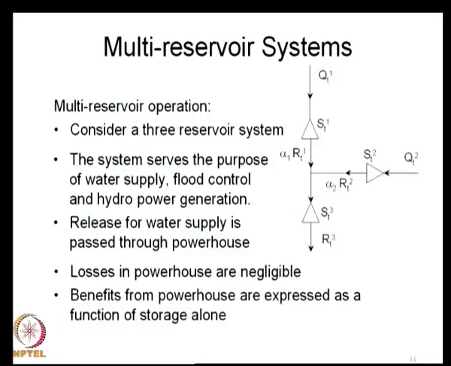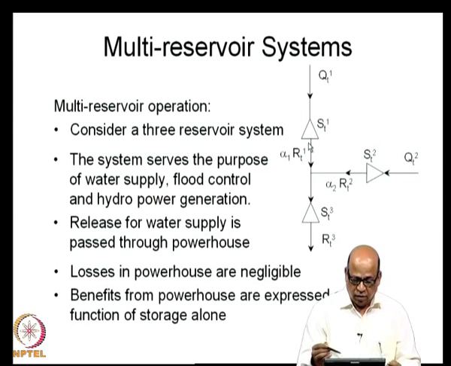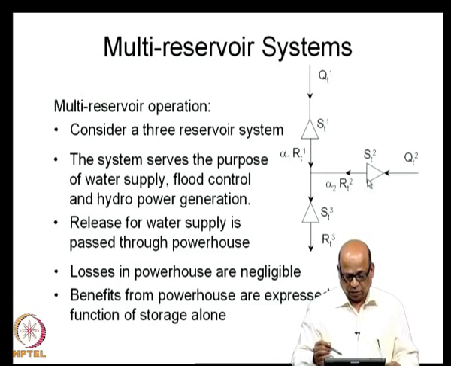So, let us look at one simple example. We will start with a simple example just to understand what complications can arise in multi reservoir systems. So, we look at 3 reservoirs here. There is a main stream of the river on which there are 2 major reservoirs.